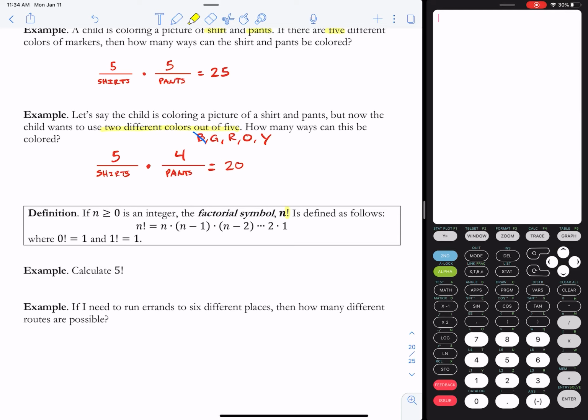It is the factorial symbol, n factorial, and how that is defined is as follows. We'll have n factorial equals n times n minus 1 times n minus 2, and so on and so forth. And there are some special examples down here: 0 factorial equals 1, and 1 factorial equals 1. And you'll want to know those.